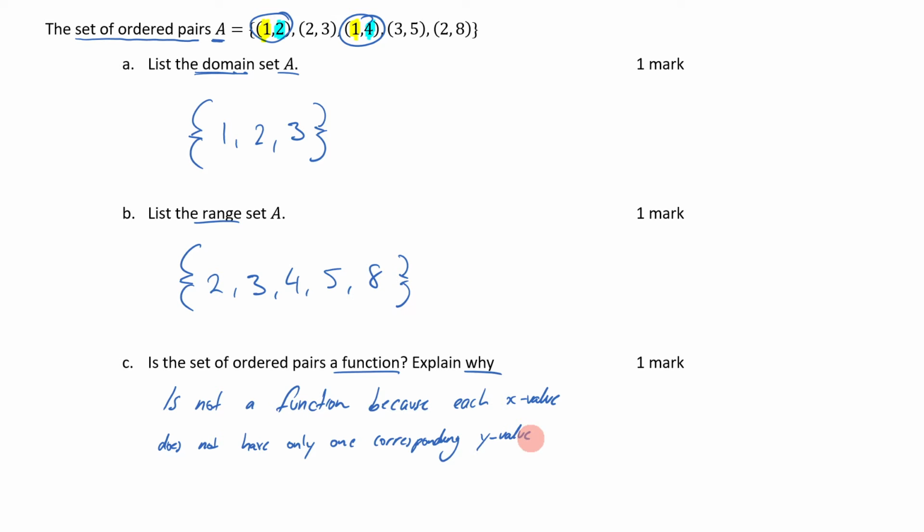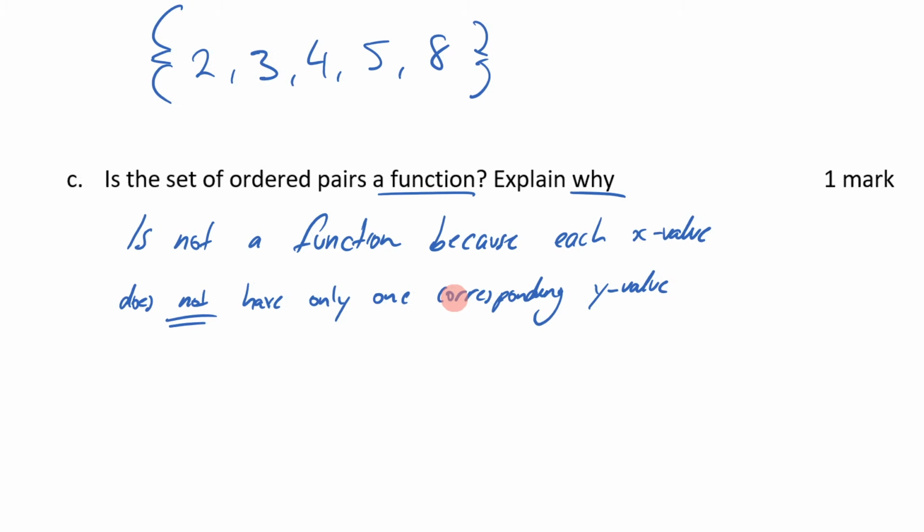Let's read that back to ourselves. Is not a function because each x value does not have only one corresponding y value. So if you'd like to as well, you could say would not pass the vertical line test. You don't have to add that bit, but vertical line test. Let me just show you what this means.